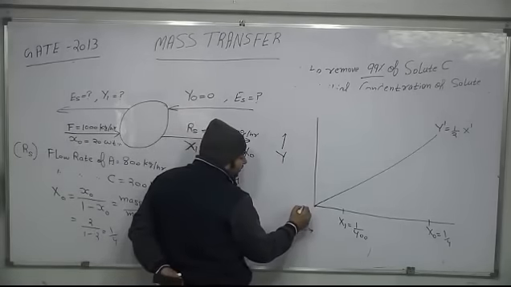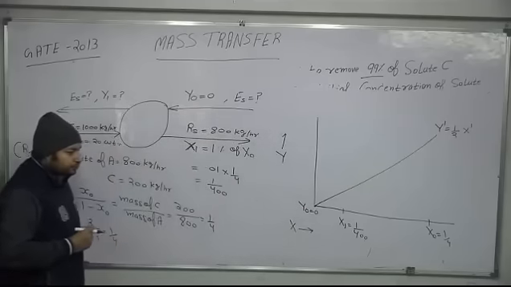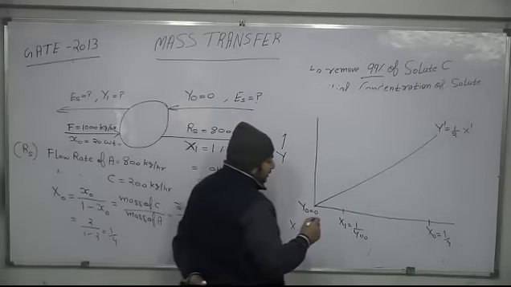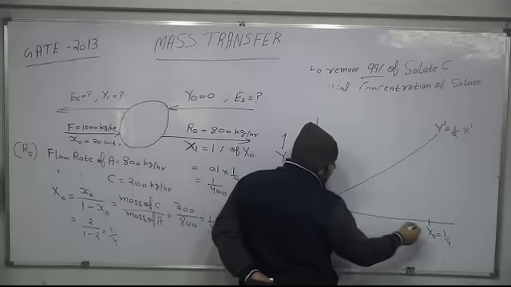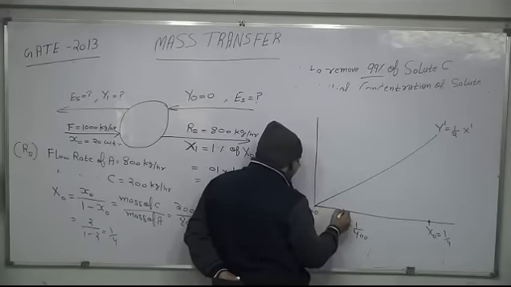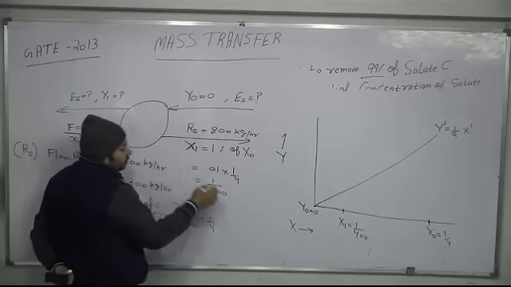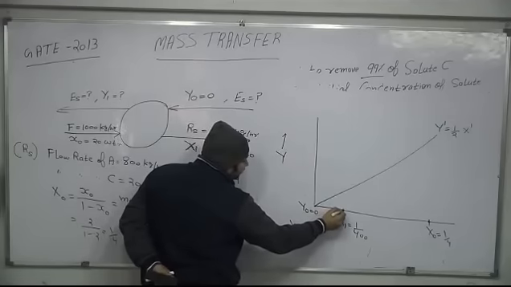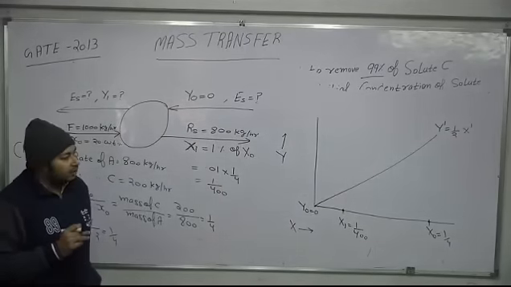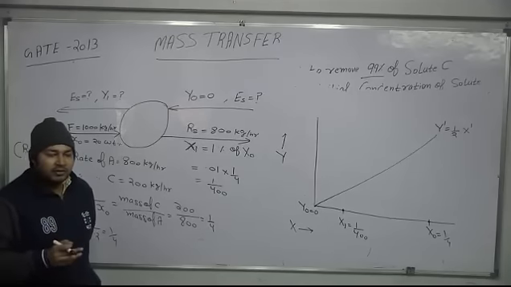So to draw the operating line, we know one point, and that one point is X1, Y0. And now I need the second point to determine the slope of the operating line or to draw the operating line. But now there is a twist in the question.